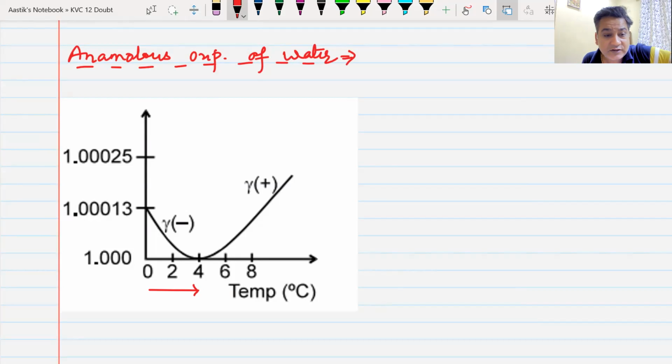Now, because of this anomalous expansion of water, what are the effects? Lakes always freeze from top to bottom. Do we understand this?